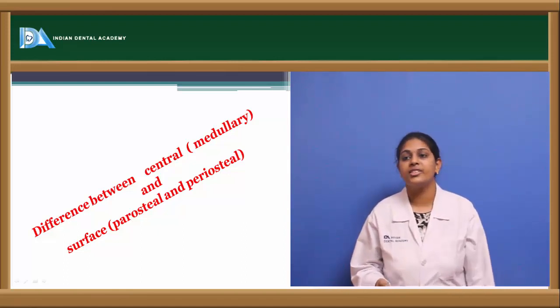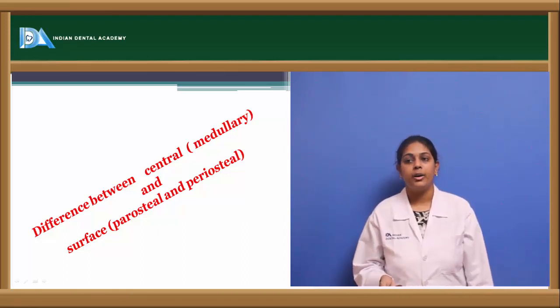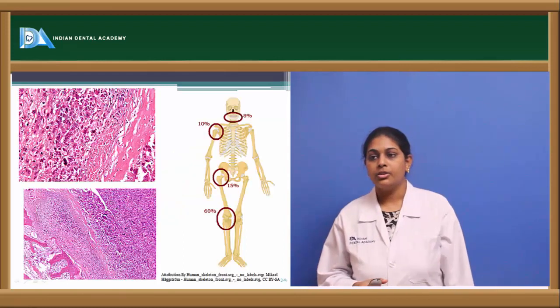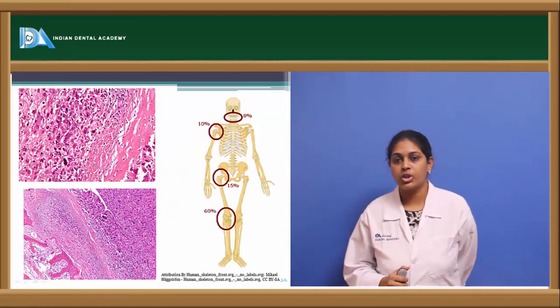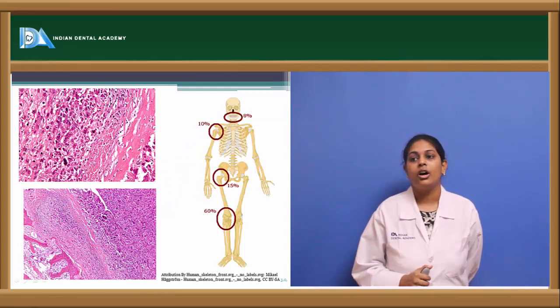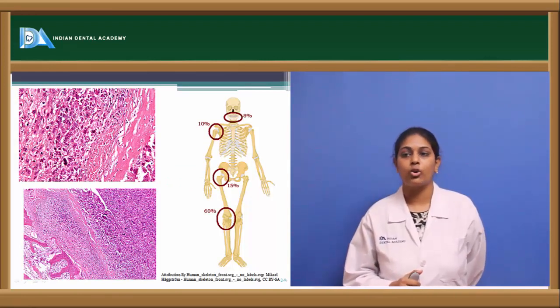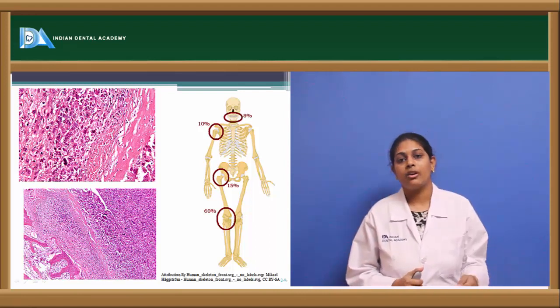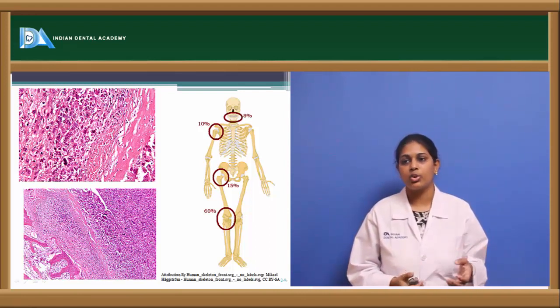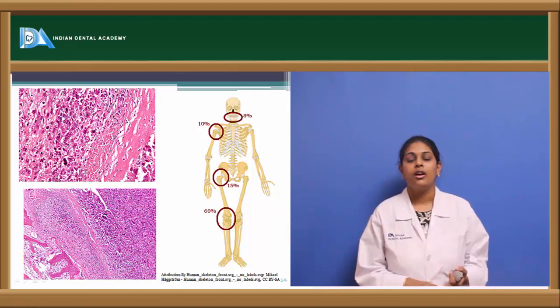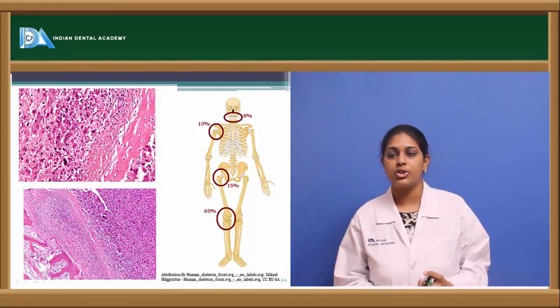So these are certain differences between the surface type and the medullary type. This is a picture; the first picture shows the histopathological features stained with hematoxylin and eosin stain, showing numerous sarcoma cells which are very pleomorphic, that is, they show wide variations in the size and shape of the cell.